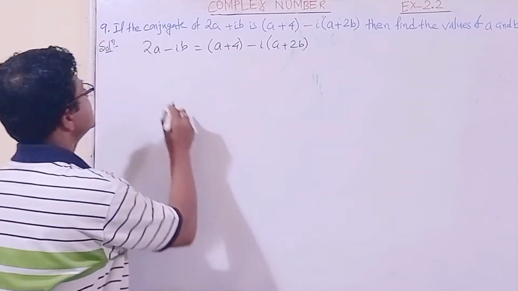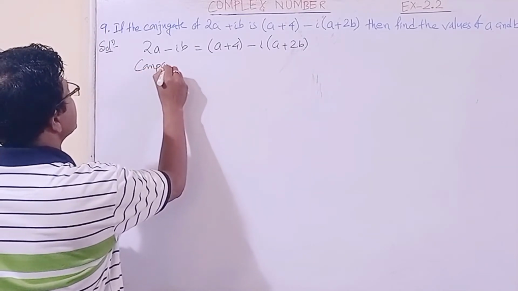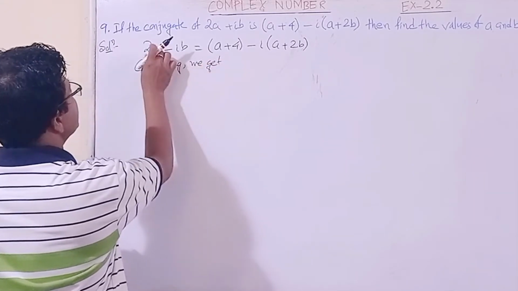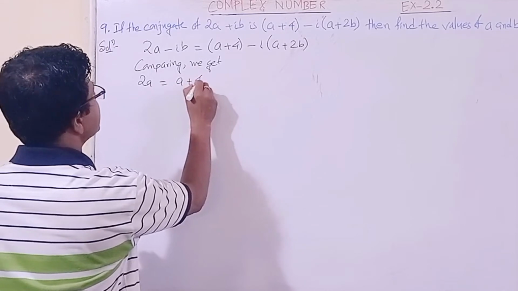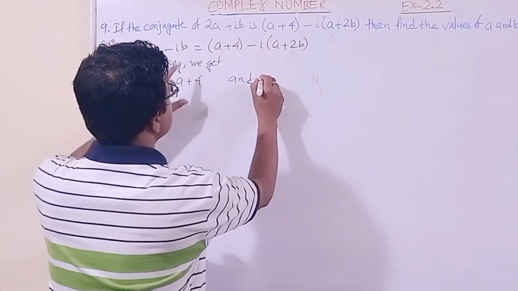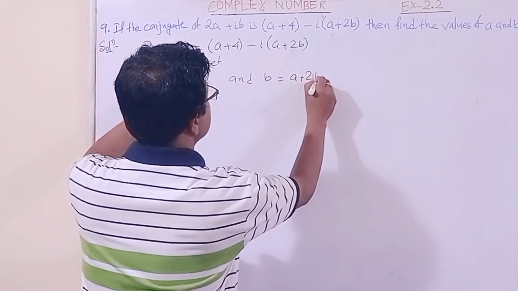Very simple sum, so just what we'll do, we'll compare. We get, okay, real part equal to real part: twice a is equal to a plus 4, and imaginary part equal to imaginary part: minus b is equal to a plus twice b.